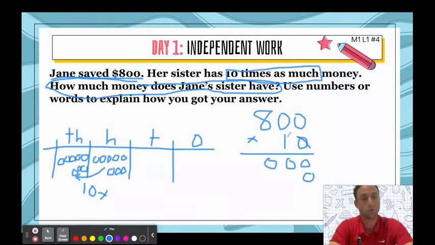And now I'm going to start multiplying by my 1 here. 1 times 0 is 0. 1 times 0 is 0. And 1 times 8 is 8. Making my answer 8,000. 1, 2, 3, comma. Just like we spoke about in our place value chart before.